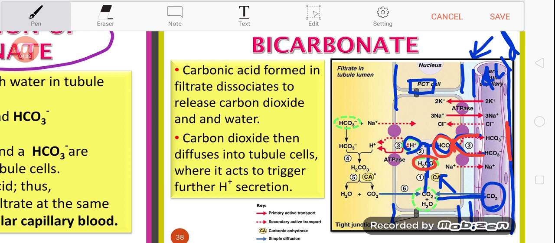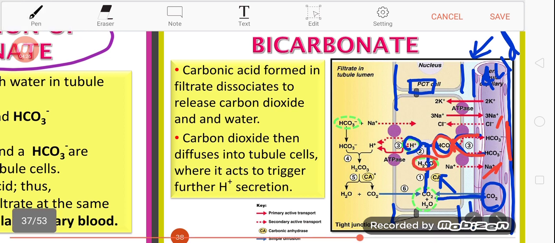Secondary active transport needs energy. The energy source is by transporting one molecule of something in order to move the bicarbonate ion. So this one chloride and this one sodium.